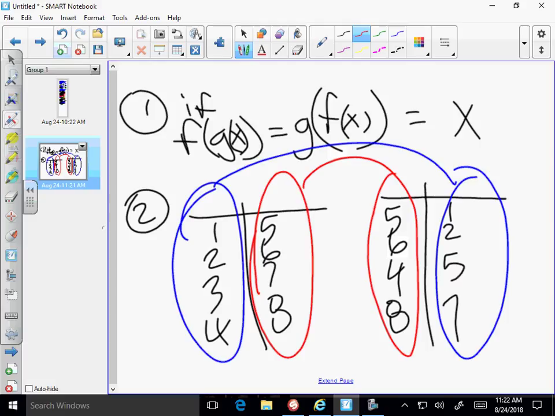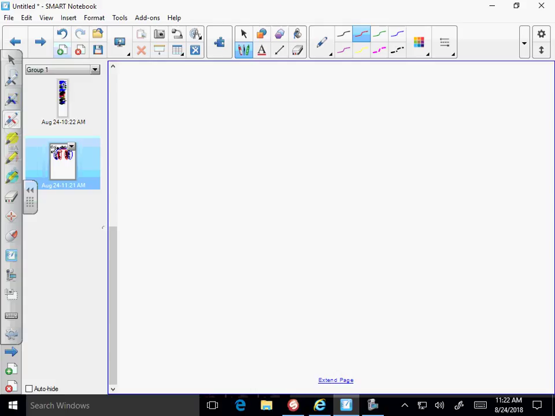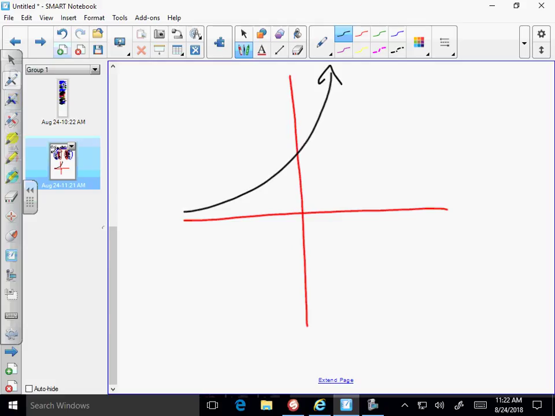Okay. And then graphically, Rayleigh, how will I know graphically if the functions are inverses of each other? If they reflect across y equals x is one thing I'll know. Good. Two. If their coordinates are switched.